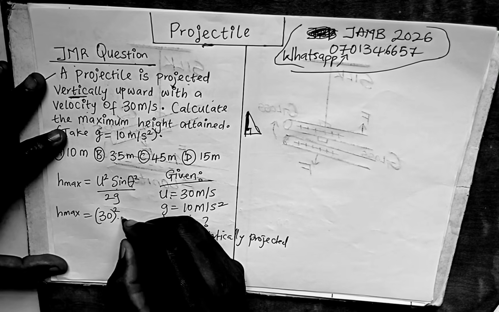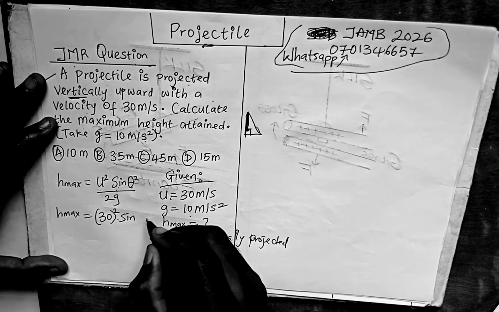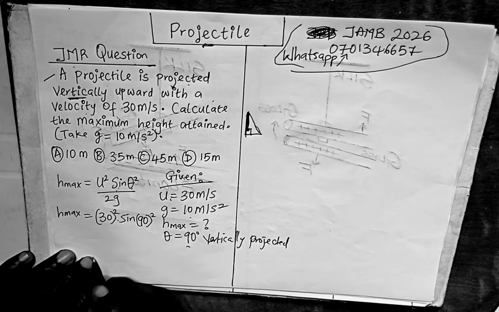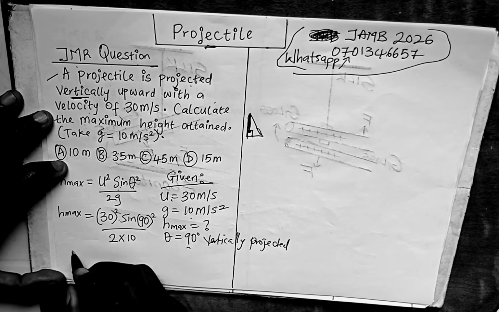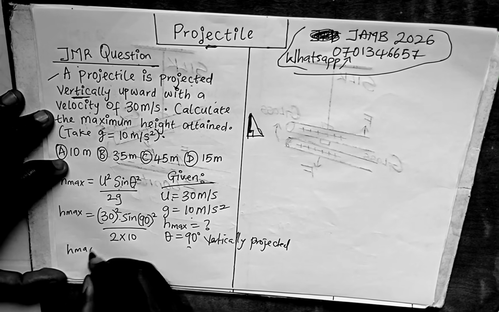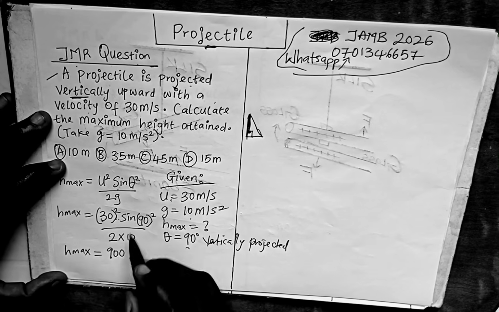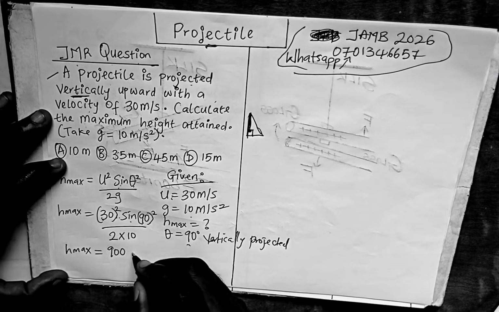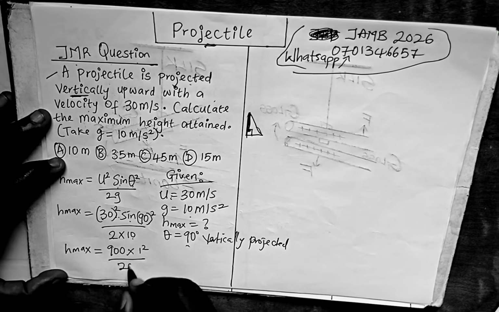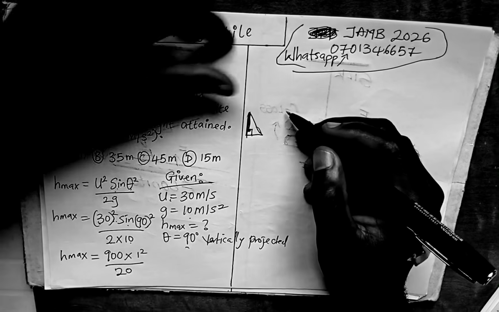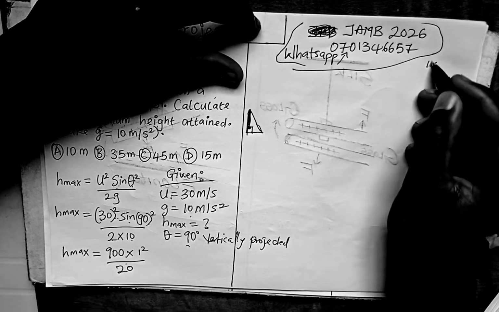So we are going to use times sine 90 squared, over 2 times g, which is 10. So maximum height is equal to 30 times 30, which is 900, then sine 90 is 1. 1 squared over 2 times 10, which is 20. 1 squared is 1 times 1, equal to 1.